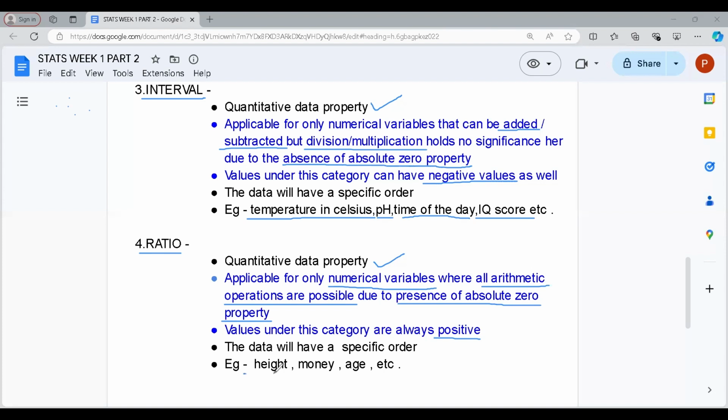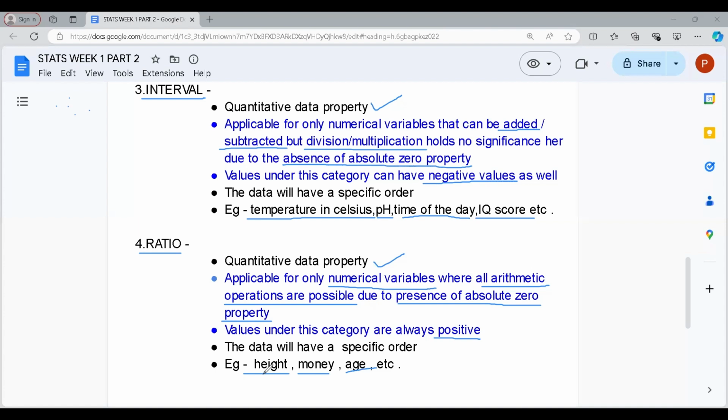And its examples include height, money, age. So you can see that height, money, age, these are numbers which can only be positive. They cannot be negative in any sense. And also, you can have any kind of arithmetic operations on them. For example, you are having a class of 30 students and you collected the height of each student.